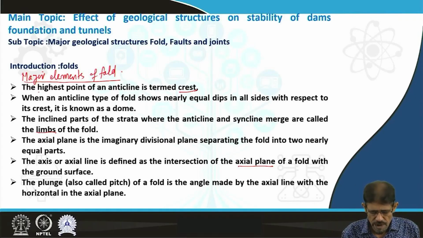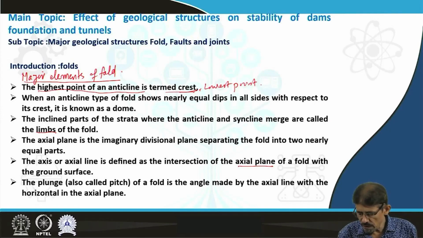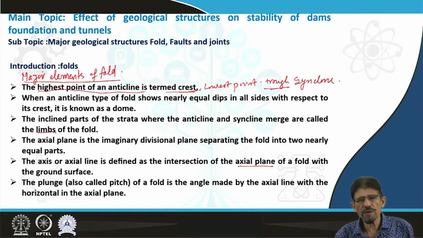So first, the highest point of an anticline is termed the crest and the lowest point is known as the trough. Trough is related to syncline, and we have already discussed what is anticline, syncline, antiform and synform.